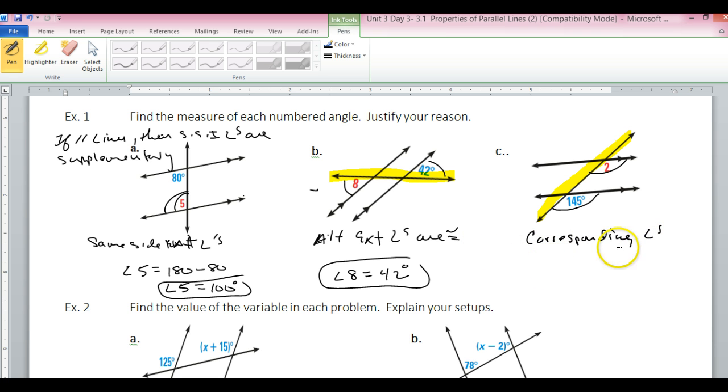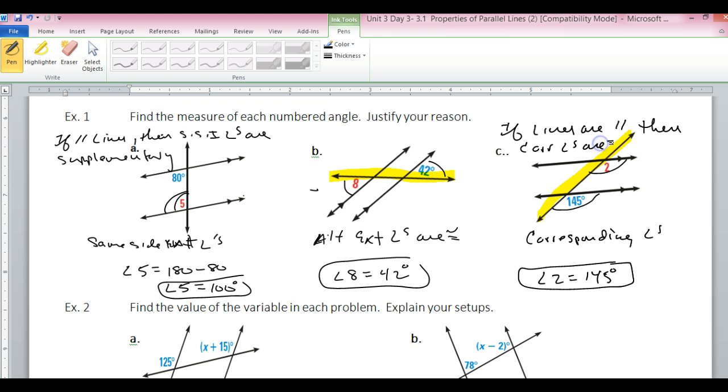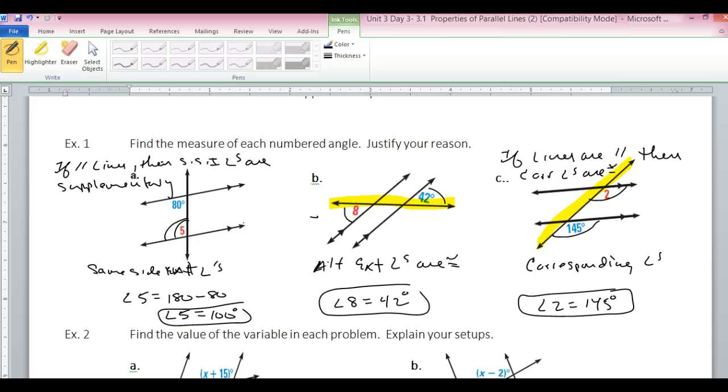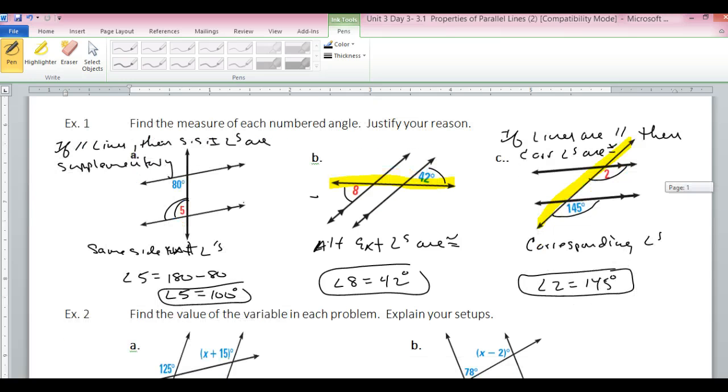They are congruent. So angle 2 is equal to 145 degrees. Again, when we justify our reason, we have to state if lines are parallel, then corresponding angles are congruent. You have to state lines are parallel, because if lines are not parallel, those angles would not be congruent.